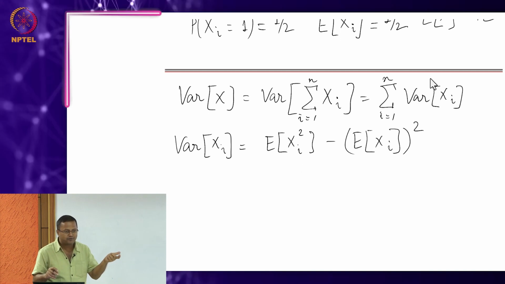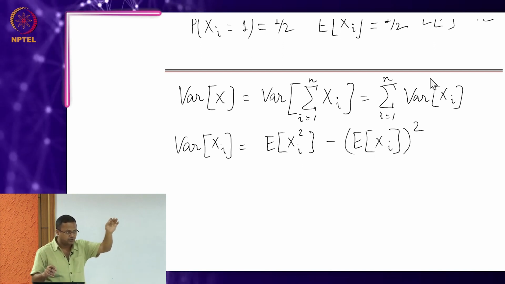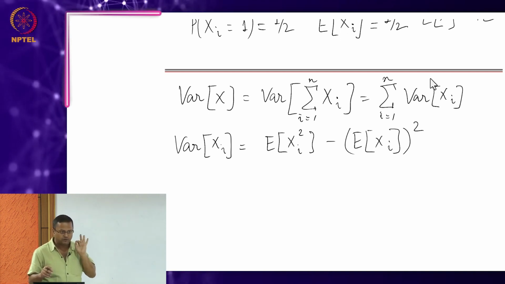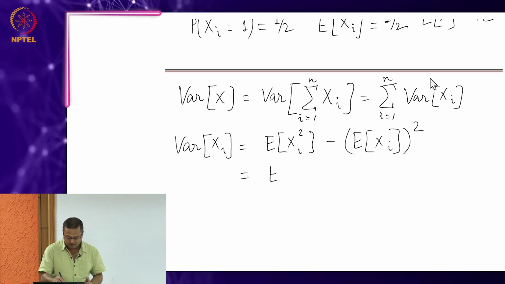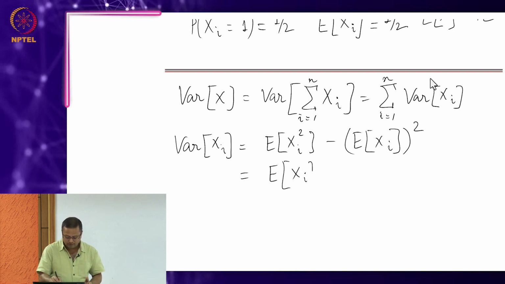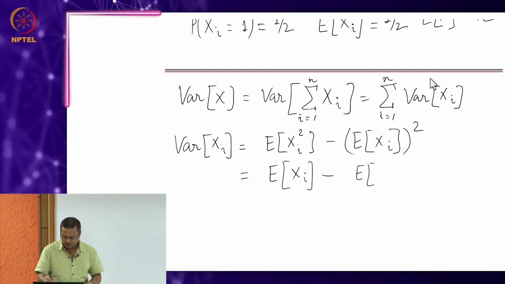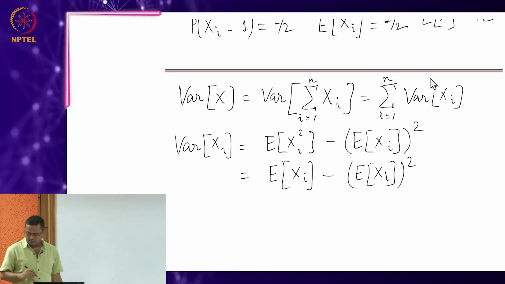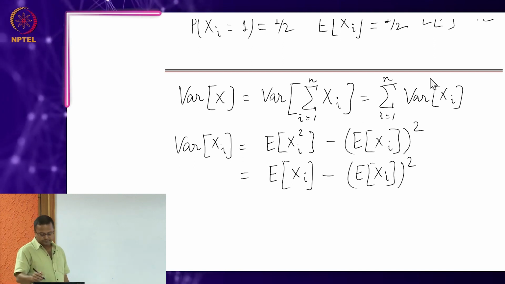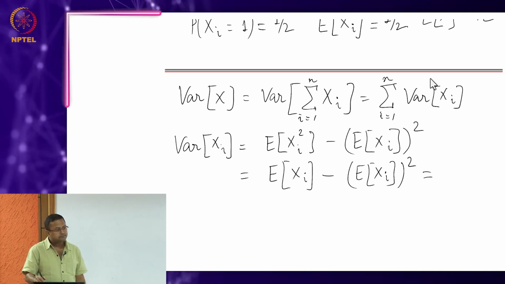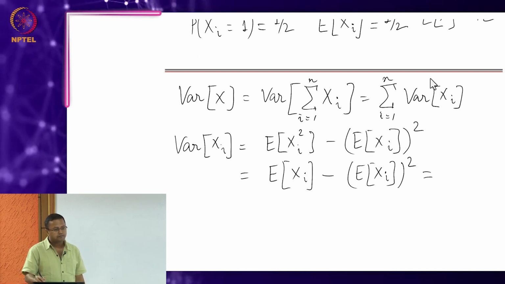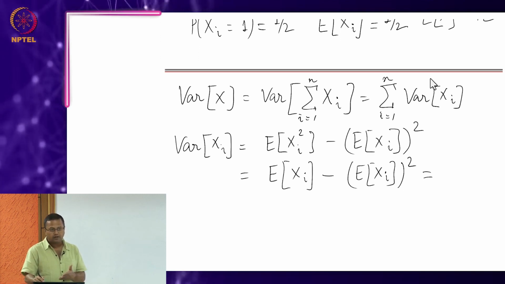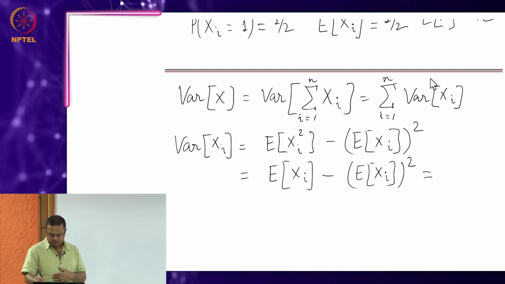It is also a 0-1 random variable, because when xi takes the value 0, xi square is going to take the value 0. When xi takes the value 1, xi square is going to take the value 1. So, what is each variance of xi going to be? E of xi is what? Half. So, this is going to be 1 by 4. Good.